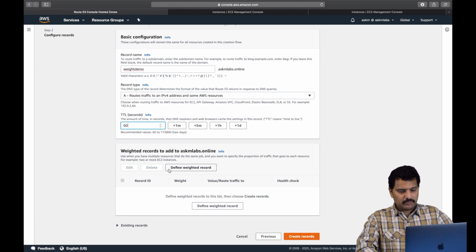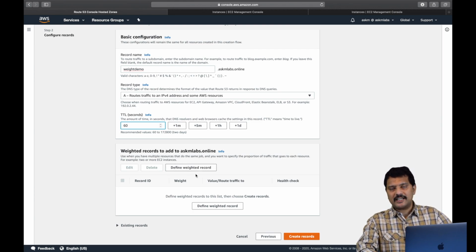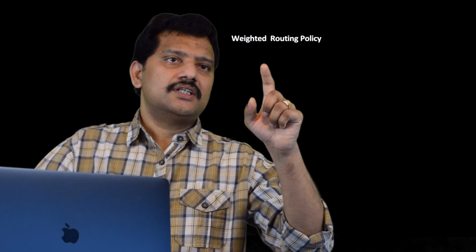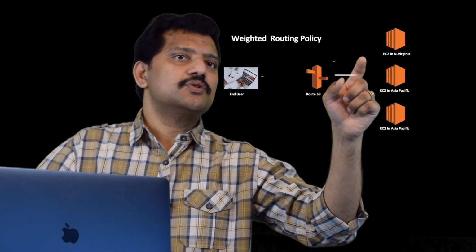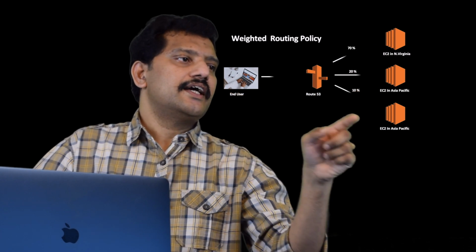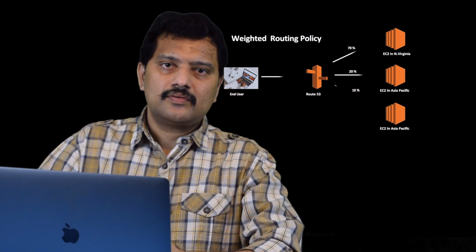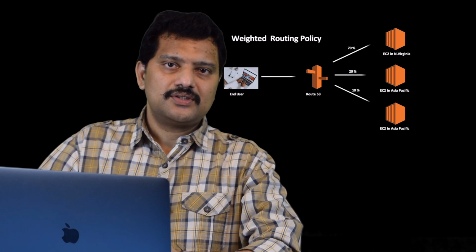Now I came to the place where I can define my weighted records. In this section I can specify multiple records. So I'm going to define 3 records to give a weightage of 70, 20 and 10. When I mention the 70 goes to my North Virginia, 20 goes to my Asia Pacific, and 10 goes to my Europe Frankfurt EC2 instance.